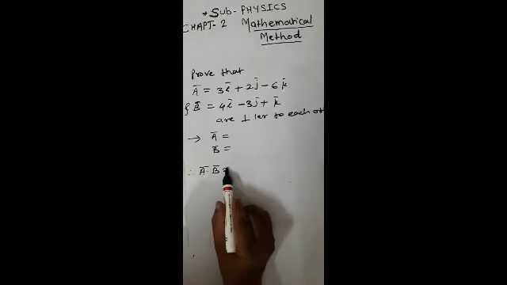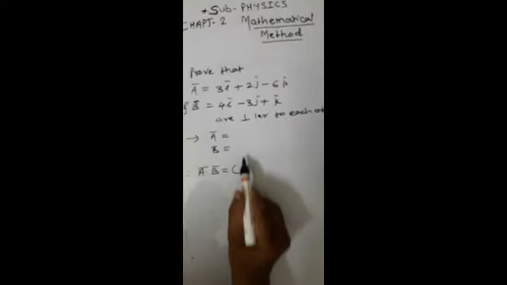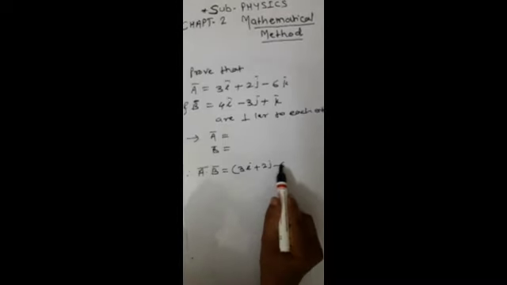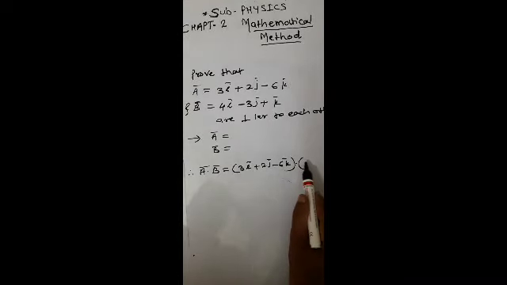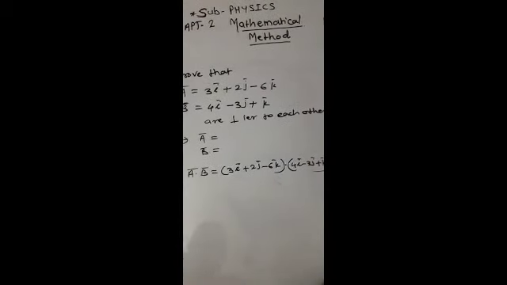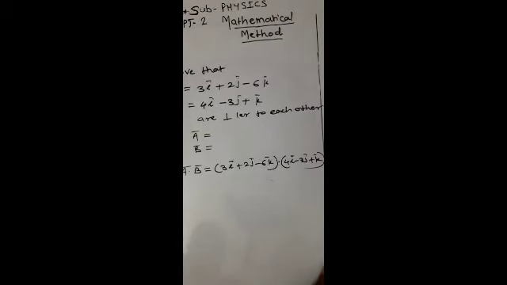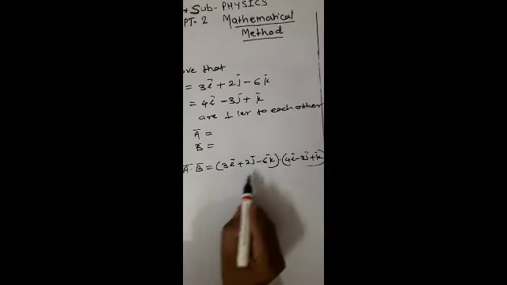Let us see how to solve this. Put the value of a bar, 3i plus 2j minus 6k, dot in the second bracket 4i minus 3j plus k. One minute. We have to find the dot product.